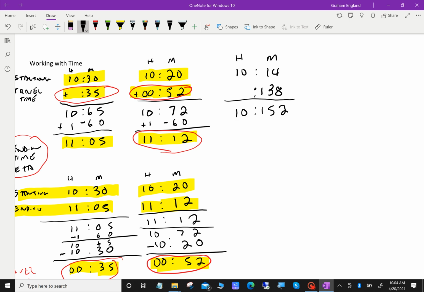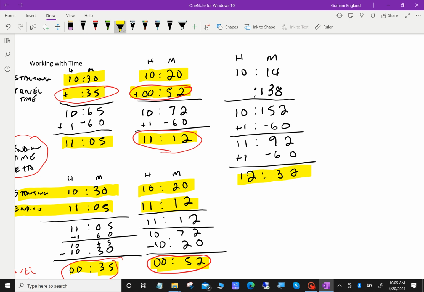So it's 10 o'clock in the morning and 152 minutes. That's not a very nice way to tell somebody what time it is. So we would add 1 hour and we would subtract 60. So we do it again. We add 1 hour on this side, and we subtract 60. That would be 32 minutes. So 12:32 is our final time that we arrived.